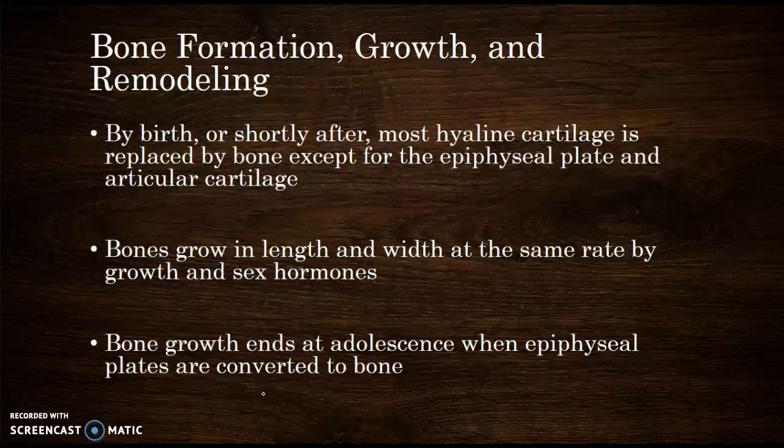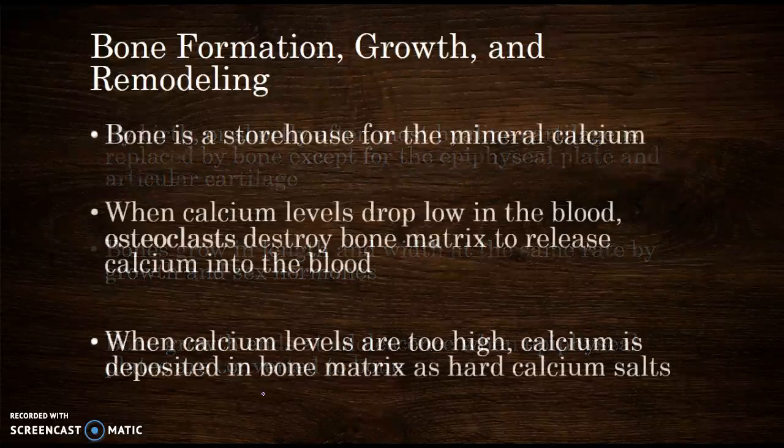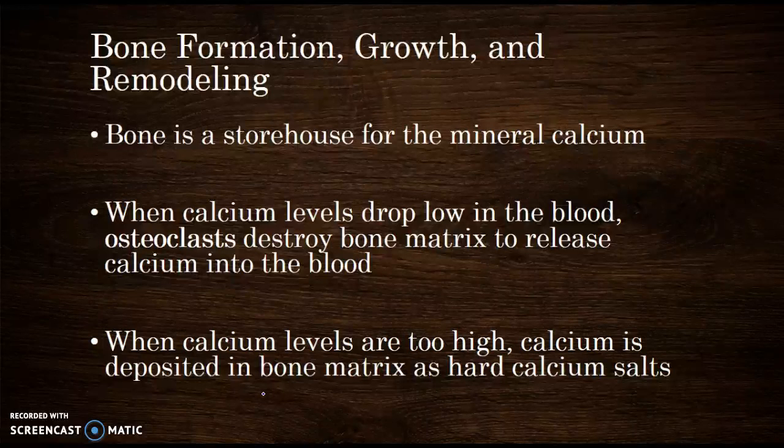And really, you're releasing hormones that are stimulating those bone cells to start making new bone. And then by the time you are late into high school, especially for girls, you're done growing and you have no more cartilage, sorry, you obviously have bone.